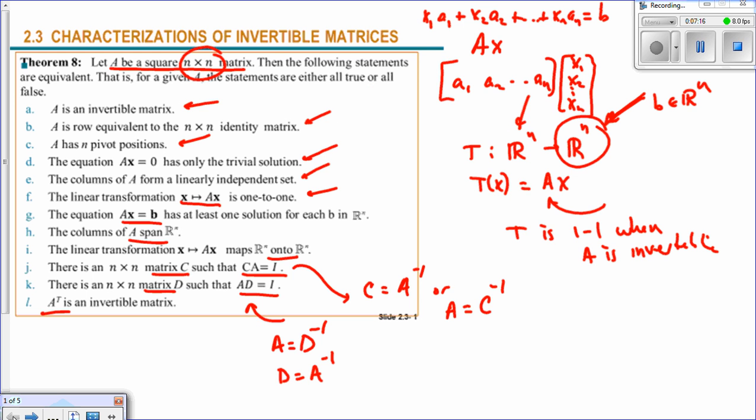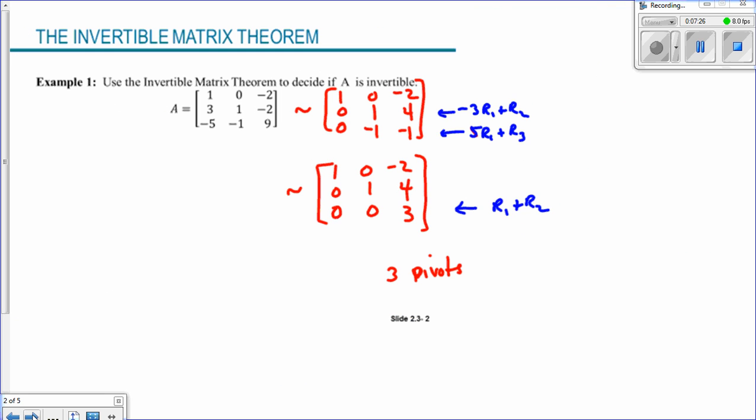For a 3 by 3 matrix, and over here it says if A has n pivots, then A will be invertible. Okay, and that's what we were trying to find. Is A invertible? 3 pivots for a 3 by 3 matrix means that A is invertible.